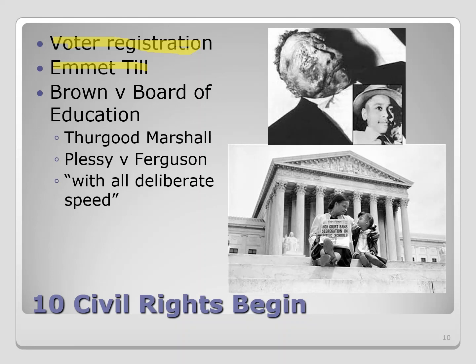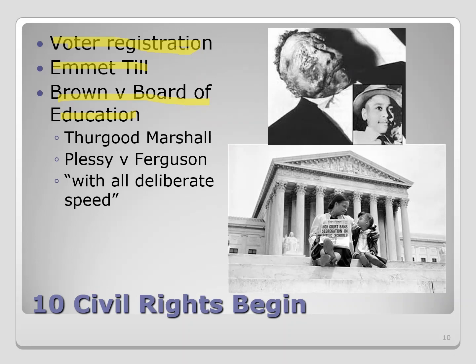In Brown versus the Board of Education, this is the Topeka, Kansas Board of Education. Chief Justice Earl Warren shocked the traditionalists with his active judicial intervention. He used the courts to form law.